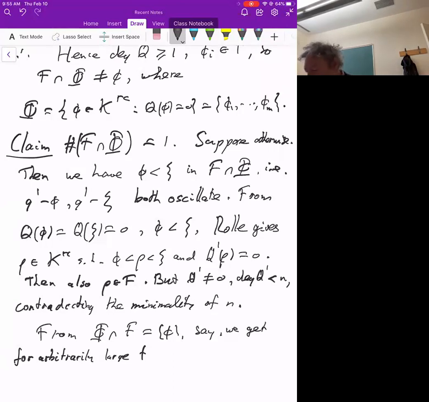It does not mean all sufficiently large t. It means there are arbitrarily large t. We get for arbitrarily large t, if h prime t is 0, which will happen indeed for arbitrarily large t, then also g prime t equals phi t.